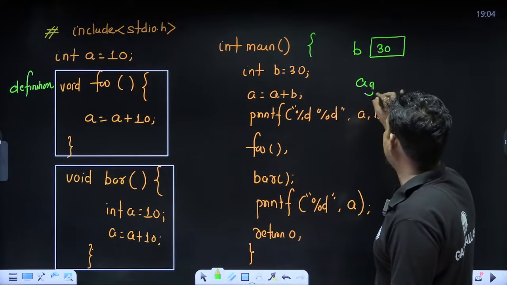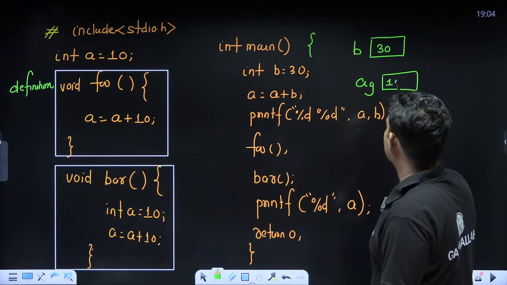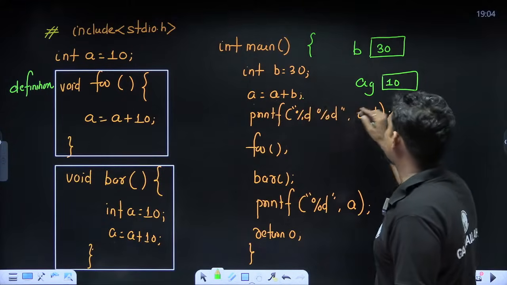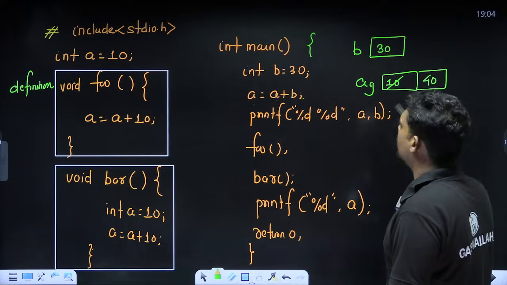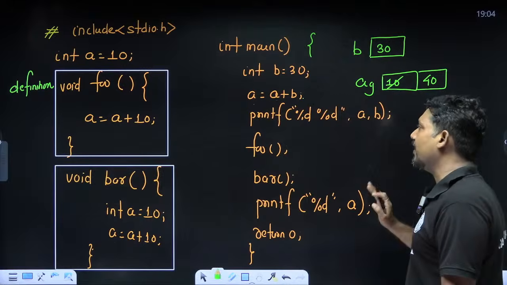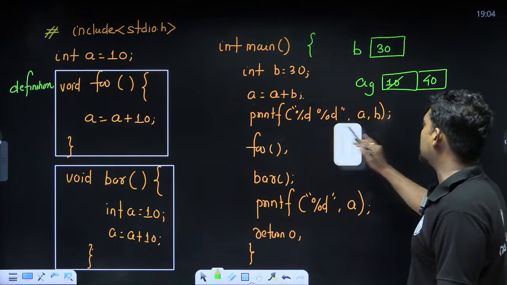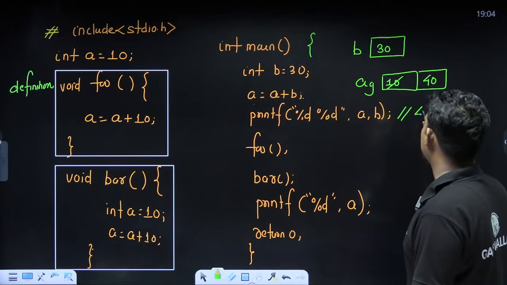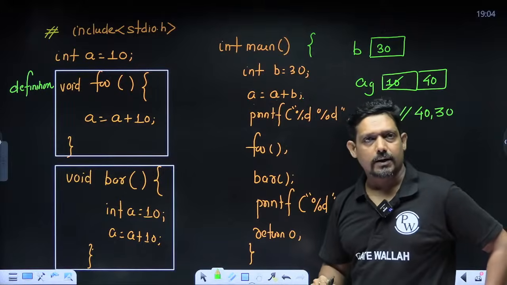So there is a global a, and it is assigned the value 10. a = a + b. So now the 10 will be gone and it will become 40. When you say printf a and b, it will print the values 40 and 30. Your first two values are 40 comma 30 in this case.